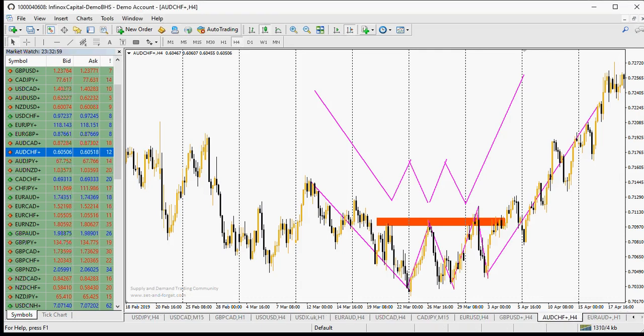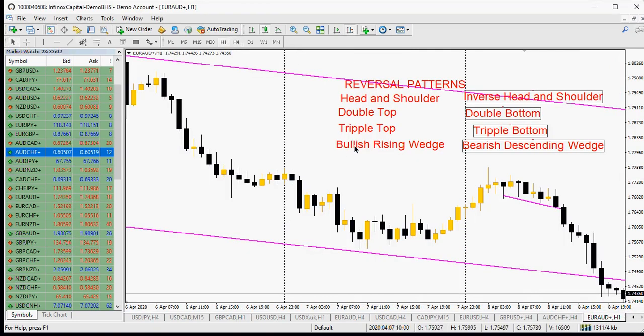So let's take the next one. The bullish rising wedge and bearish rising wedge. How does bullish rising wedge look like? This is the pattern. By the time it got up, it becomes tired.